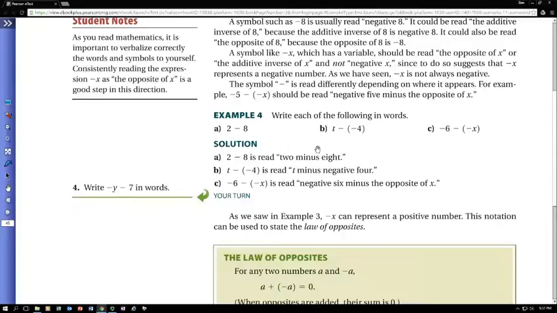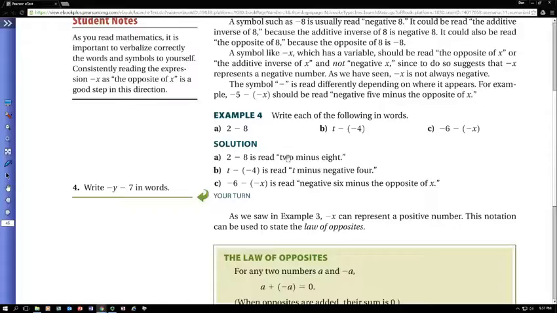But I get all kinds of answers, negative 2 and 2 and other things, because you don't know how to really deal with subtracting negatives. And that's what they're trying to point out here: negative 5 minus a negative x should read negative 5 minus the opposite of x, and so on.